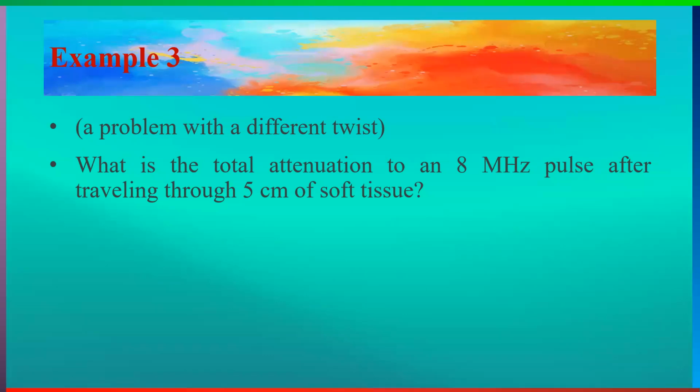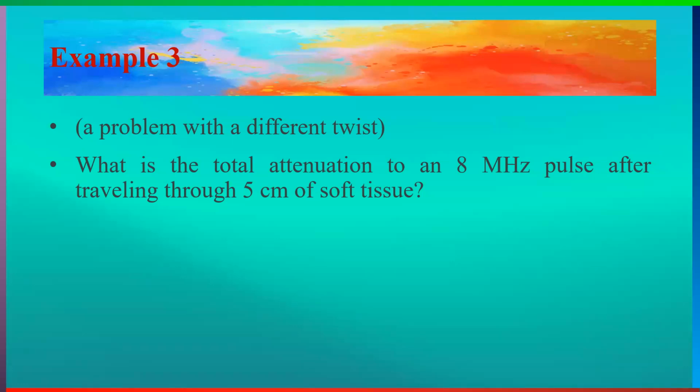Here, both variables are changing at the same time. That's why it becomes a little bit difficult for us to determine the total attenuation with the use of 8 megahertz frequency at a distance of 5 centimeters in soft tissue.